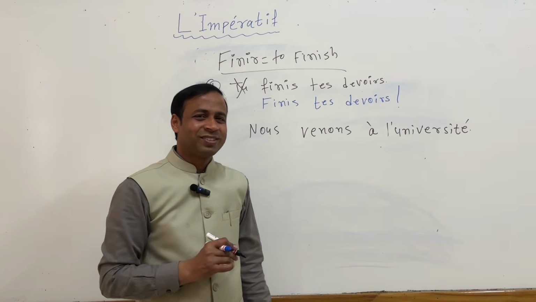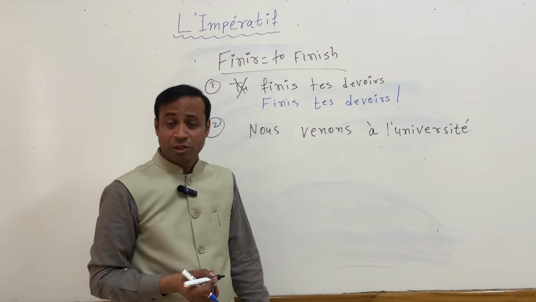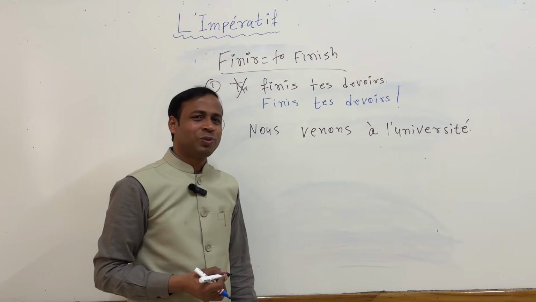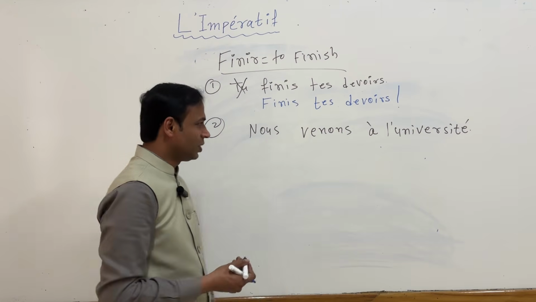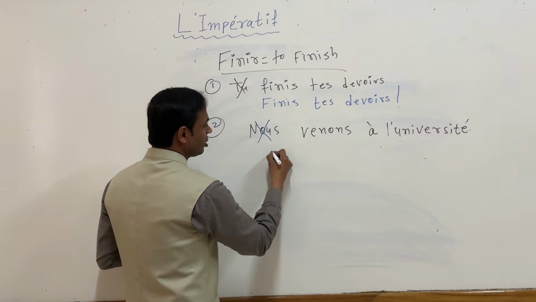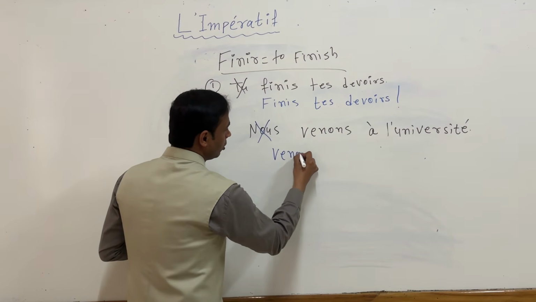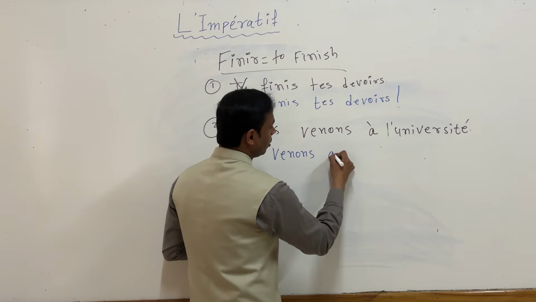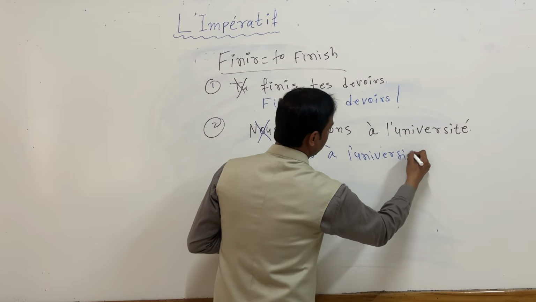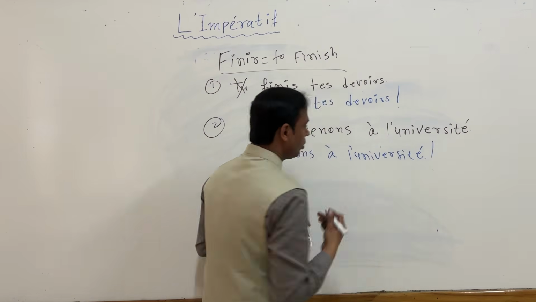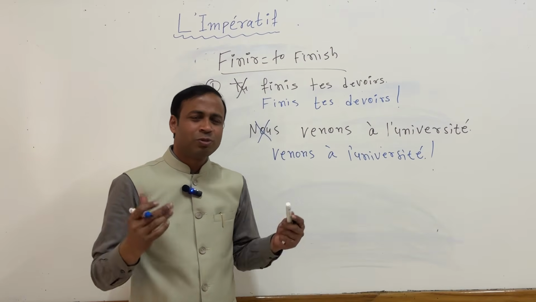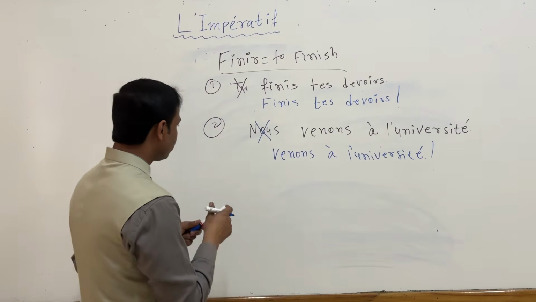Now make it an order, or instruction, or suggestion. It can be a suggestion also, which means let's come to university. Just change it. We don't need the subject, just start from the verb: Venons à l'université. Add an exclamation mark. Venons à l'université, which means let's come to university.